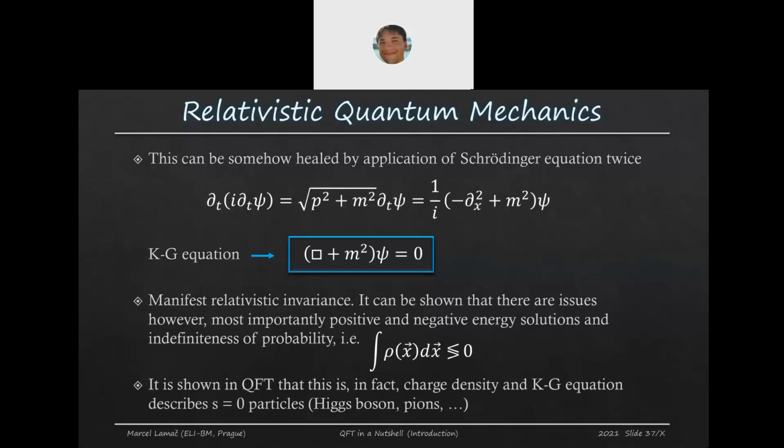This ruins the probabilistic interpretation of quantum mechanics, because what is a probability that is smaller than zero, right? So that's a problem. But not all is lost.